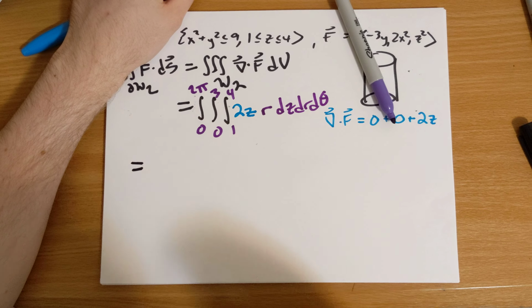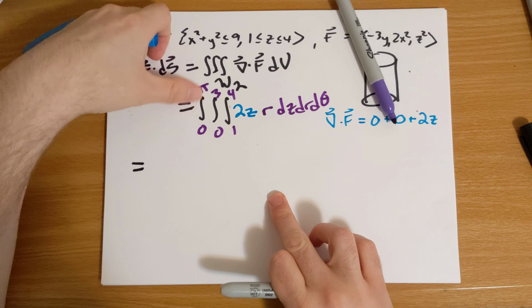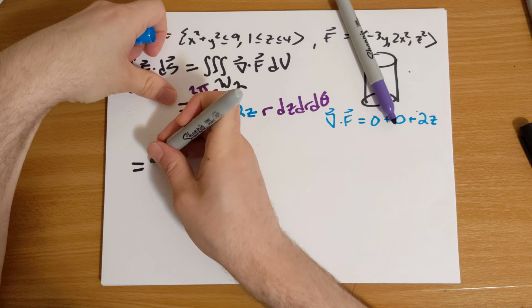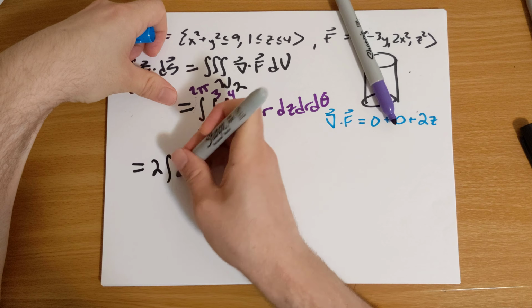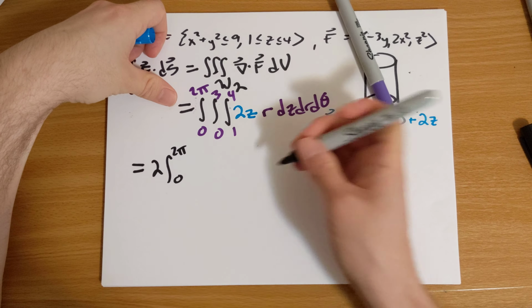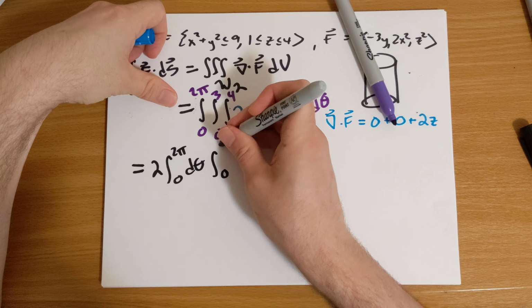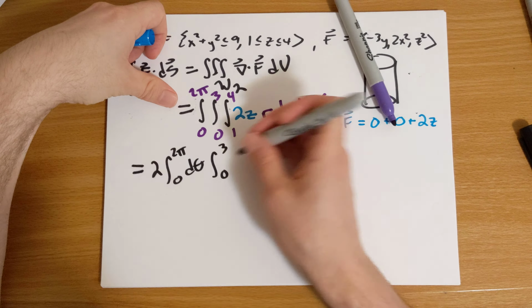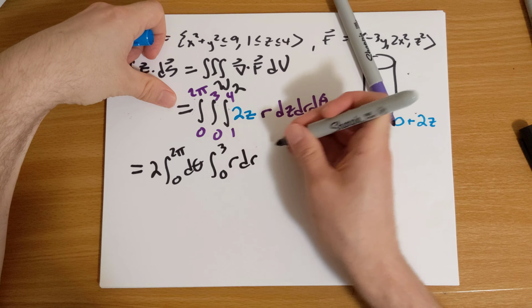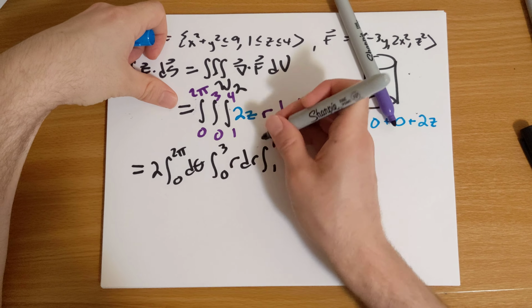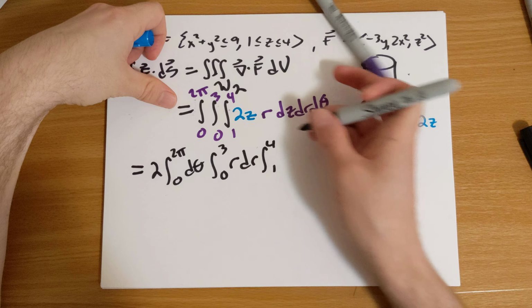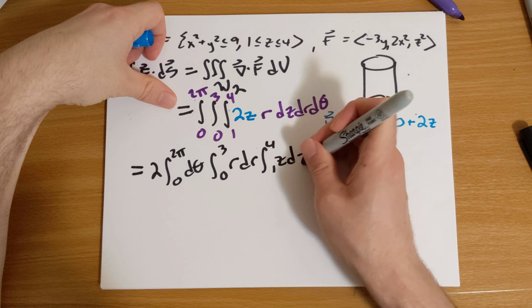Okay, and so how do we do this? We're integrating. Let me move that 2 out in front. Integral from 0 to 2 pi d theta. I'm just going to factor this as the product of three separate one-dimensional integrals.